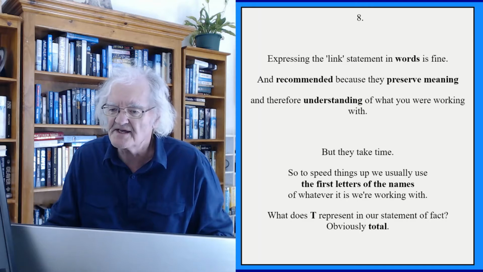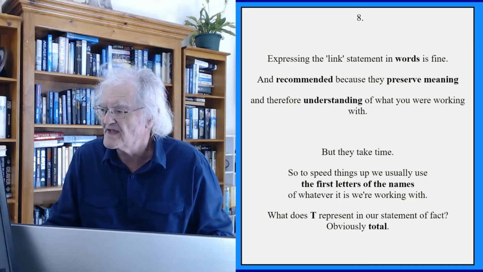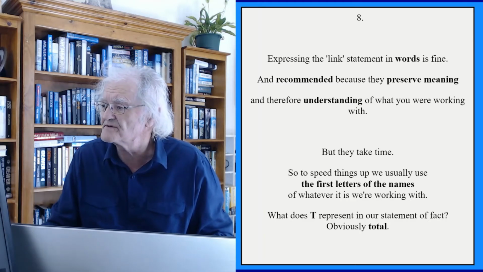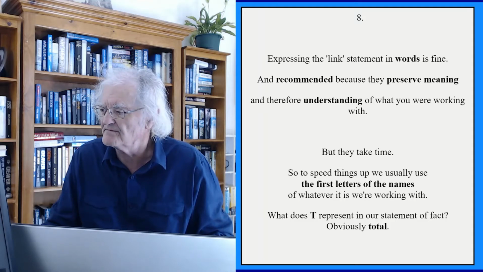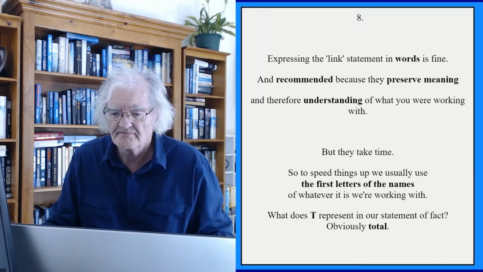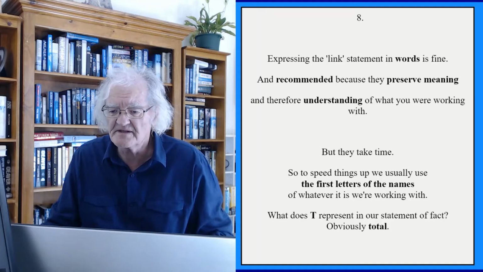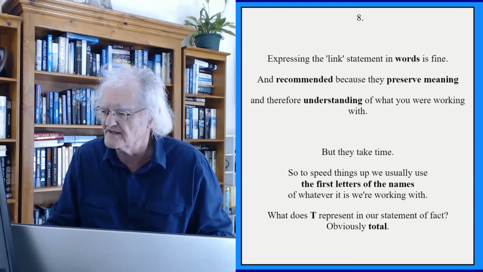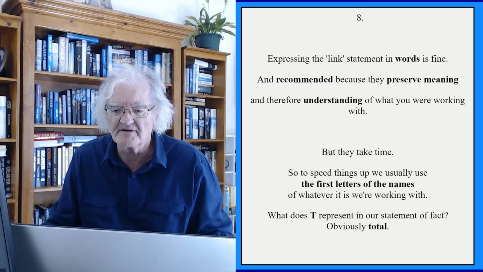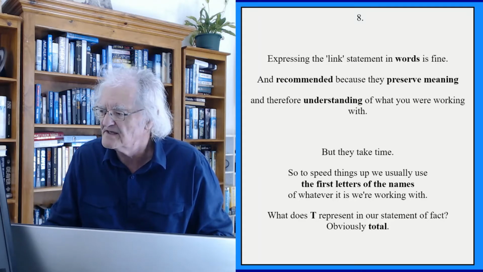Expressing the link statement in words is fine and recommended because they preserve meaning and therefore understanding of what you are working with. But they take time. So to speed things up, we usually use the first letters of the names of whatever it is we're working with. What does T represent in our statement of fact?